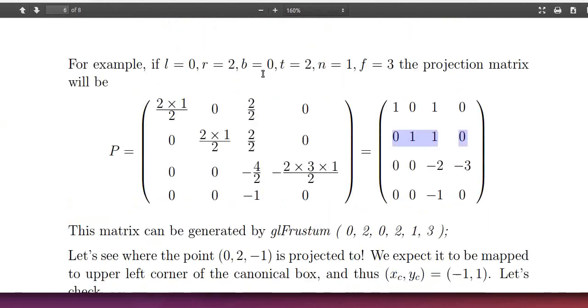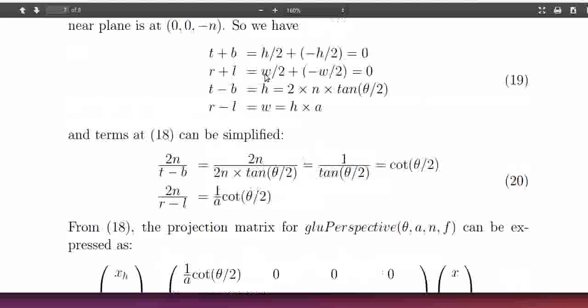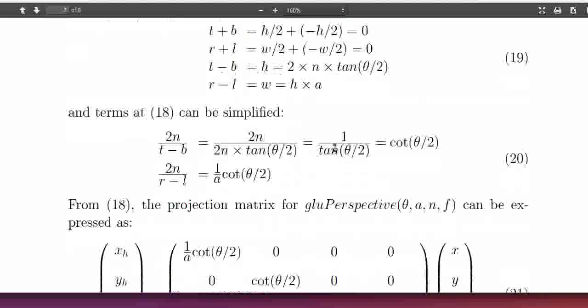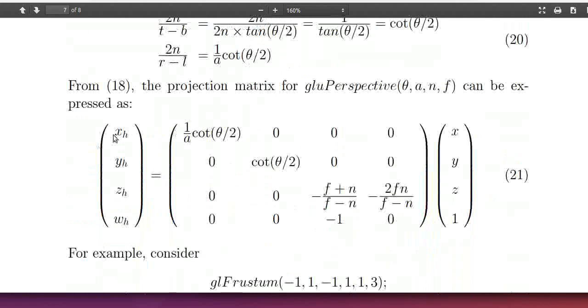Okay, so we substitute that in and simplify it. The 2n cancels 2n, so we have 1 over tangent theta over 2, that is equal to cotangent theta over 2. Okay. And the other term is 1 over A cotangent theta over 2. So the matrix for this becomes 1 over A cotangent theta over 2, 0, 0, 0, and so on.